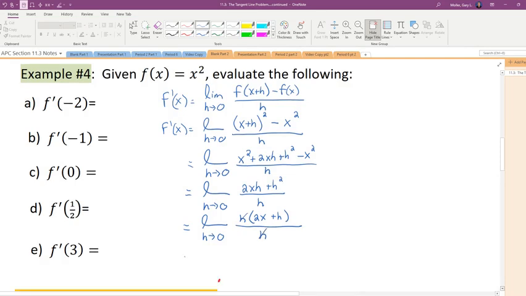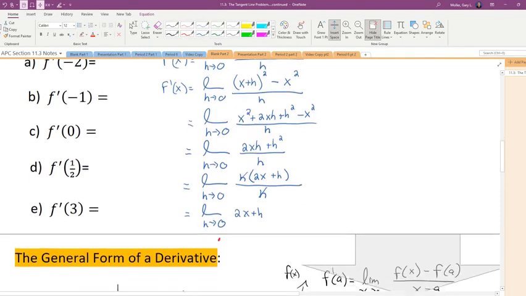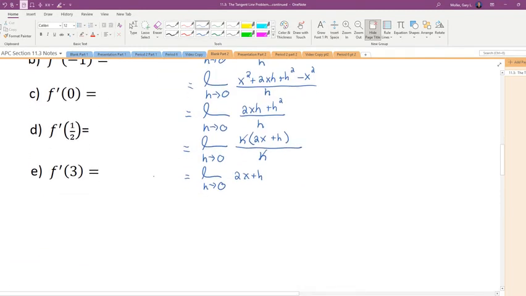Which brings me to the limit as h approaches 0 of 2x plus h, which I'm now going to evaluate, right? F prime of x. And so f prime of x equals, evaluating h going to 0, I get 2x.